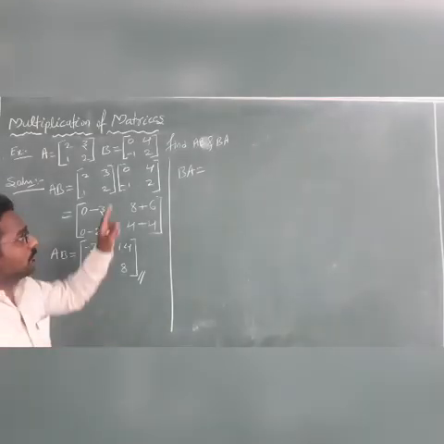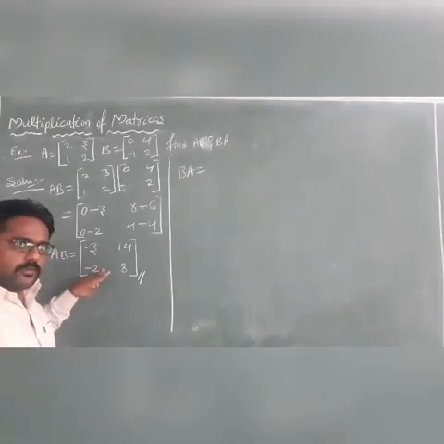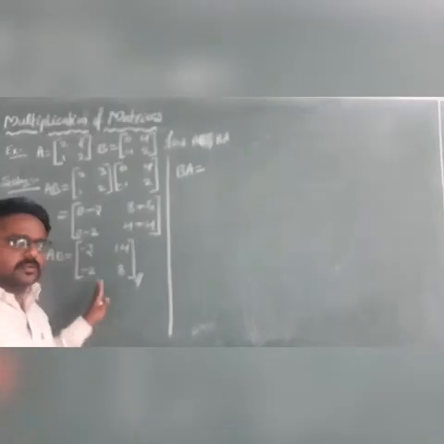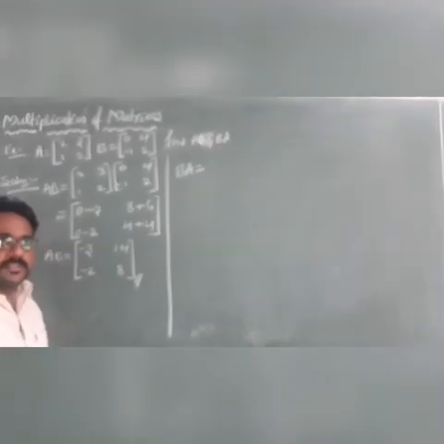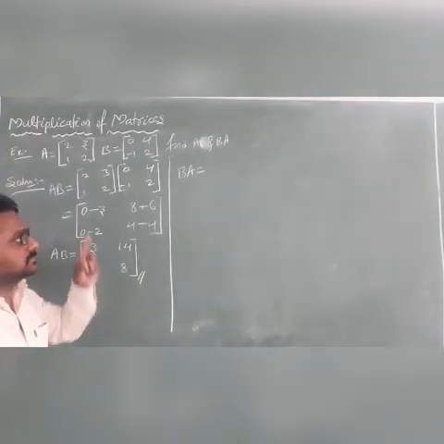Just observe whether BA also is of the same order with same entries or not. So obviously BA will be the same order, 2 by 2 matrix only, but we have to observe the form of the entries or elements of the BA.